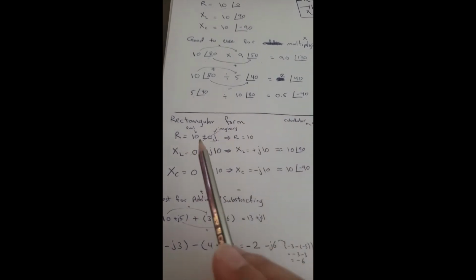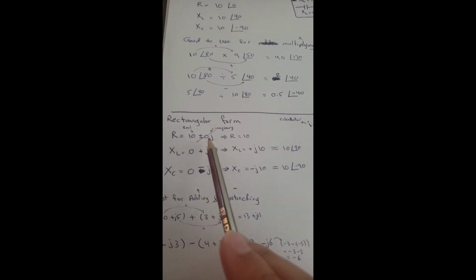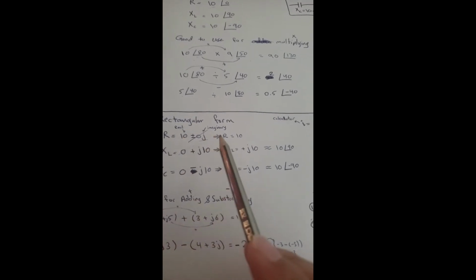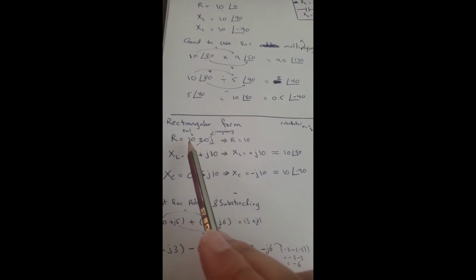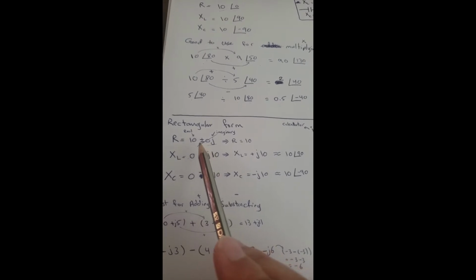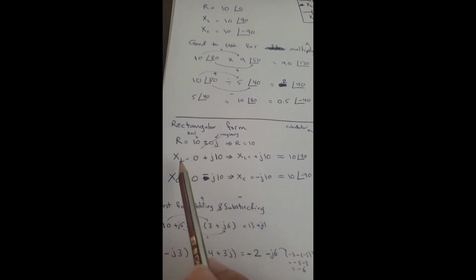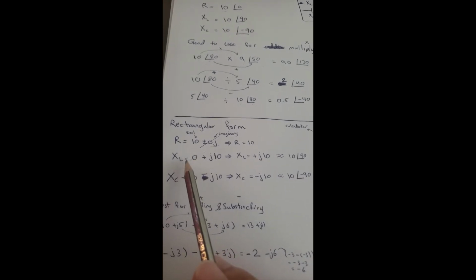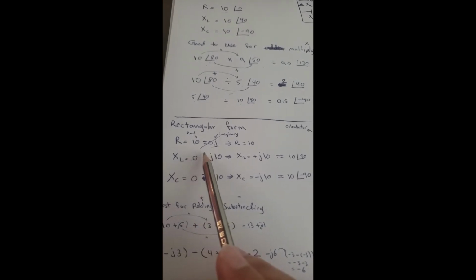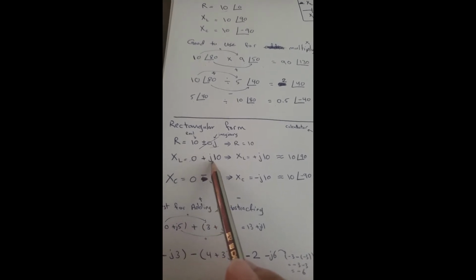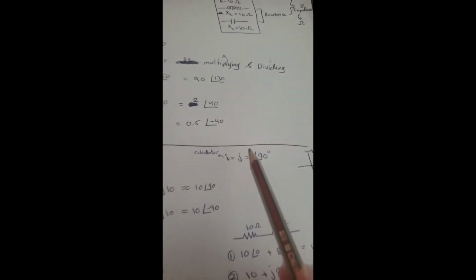Rectangular form, as I told you, it consists of real part and imaginary part. If my load is only resistive, this one will equal 10, and I have no imaginary part, so the total will be 10. XL, the pure XL, there is no real part, no R, and the angle is plus 90 because J is equivalent to 90.